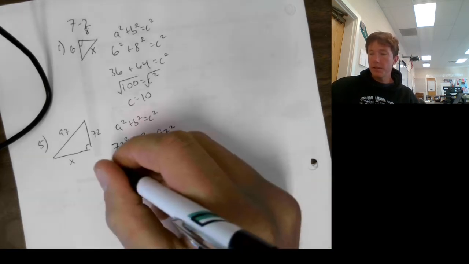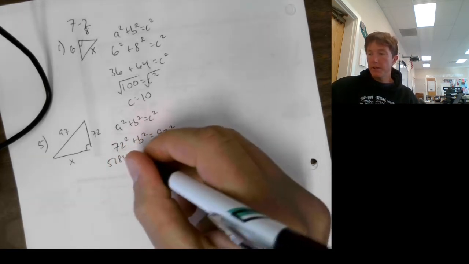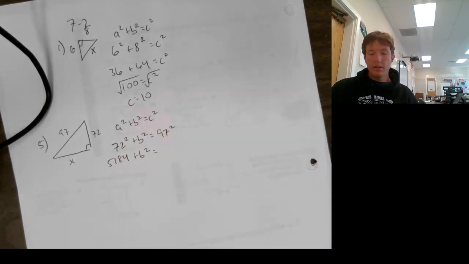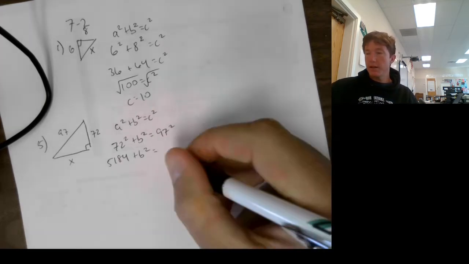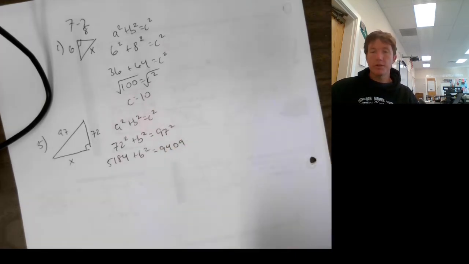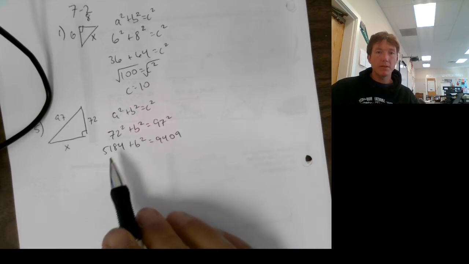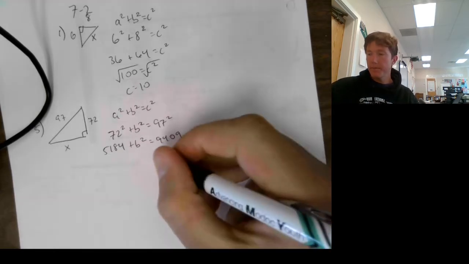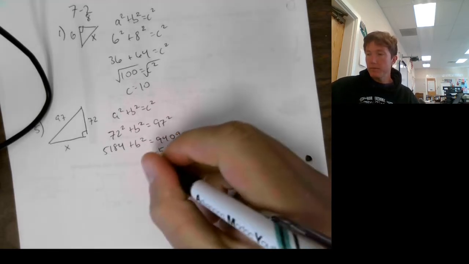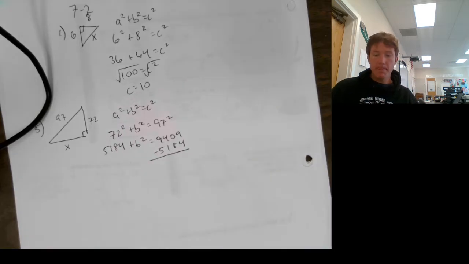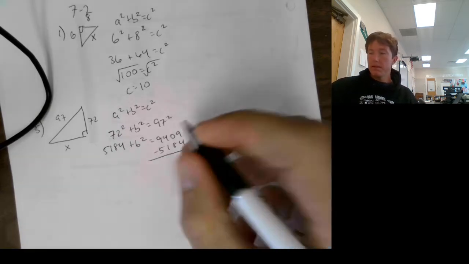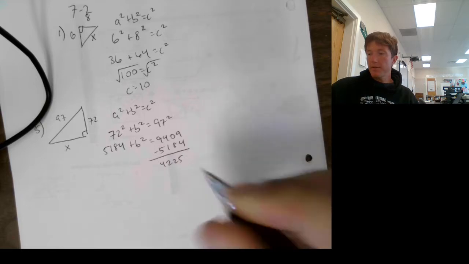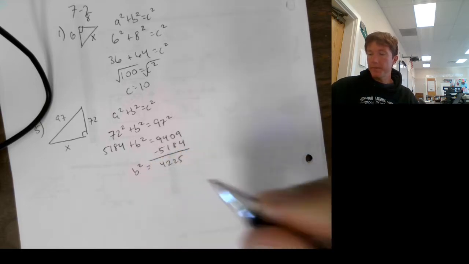72 squared is 5,184. 97 squared is 9,409. Now we're going to solve for b. So I'll subtract 5,184 from that side. So that's 4,225 is equal to b squared.